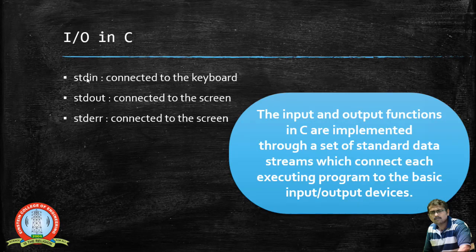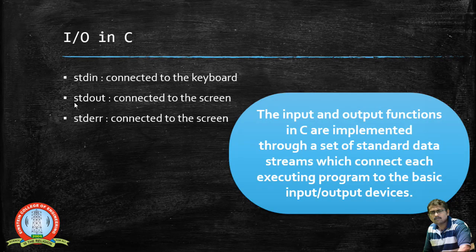These three streams are available in C programming, and they are open, and whenever a program is executed, it can make use of all these three streams. Whatever functions we implement in C programming are implemented through this set of standard data streams.